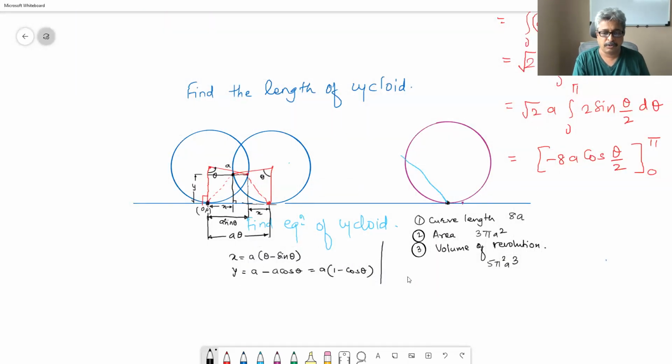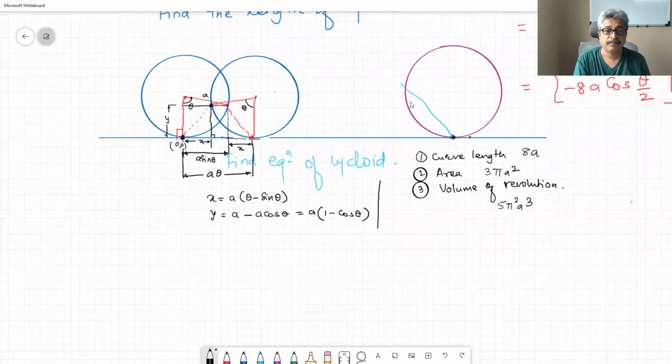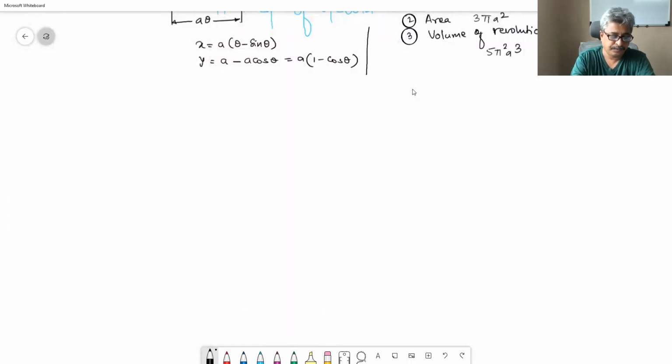Now last problem for today is find the volume. Now we have a circle here.